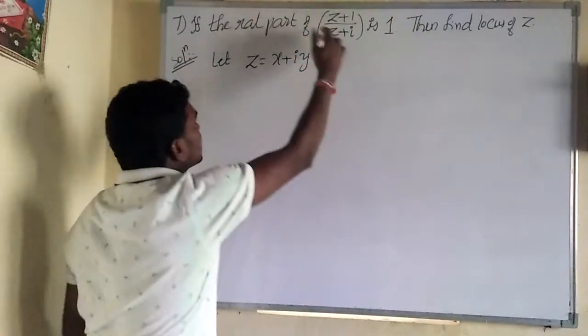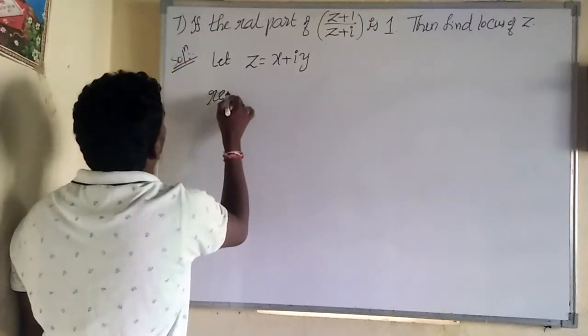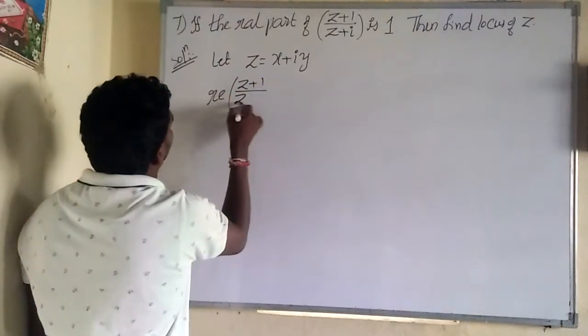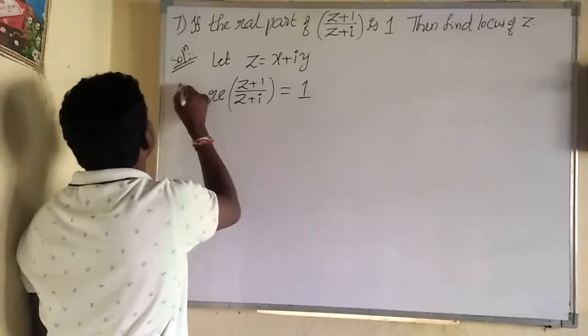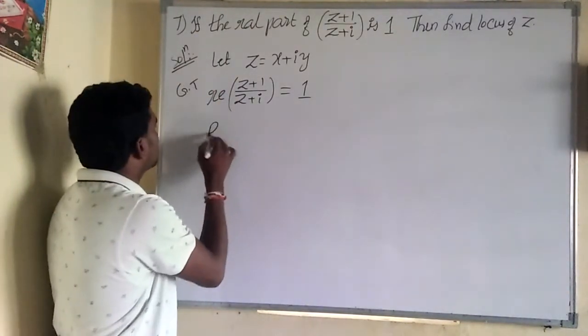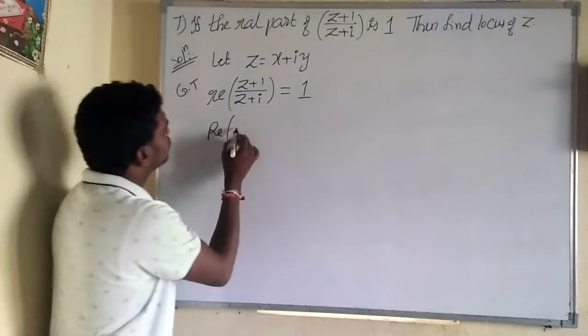First of all, take the given statement as it is. What is the given statement? Real part of (z plus 1) by (z plus i) is 1, that is, equal to 1. This is also given. Next, I am writing Re, real part of.